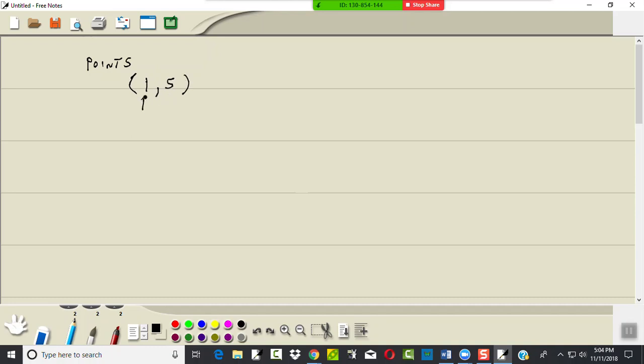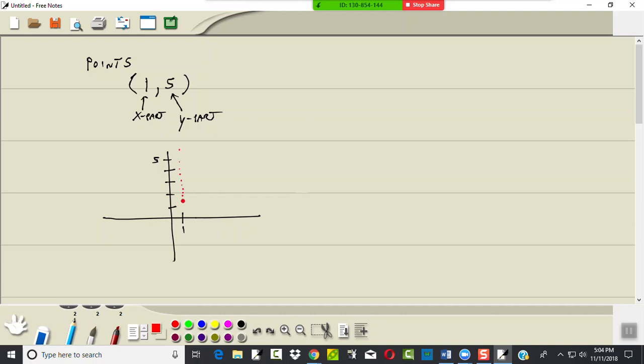Now this first number here represents the x part. And this represents the y part. Now here's x equals 1. And here's y is equal to 5.